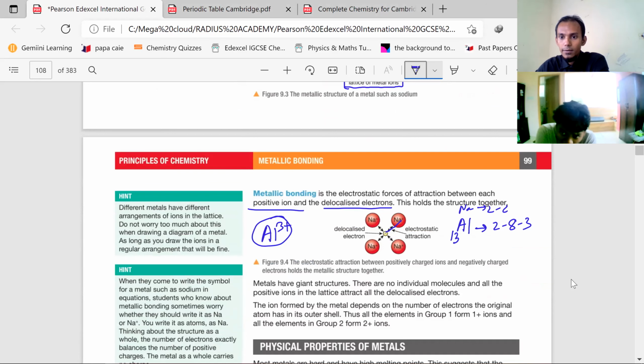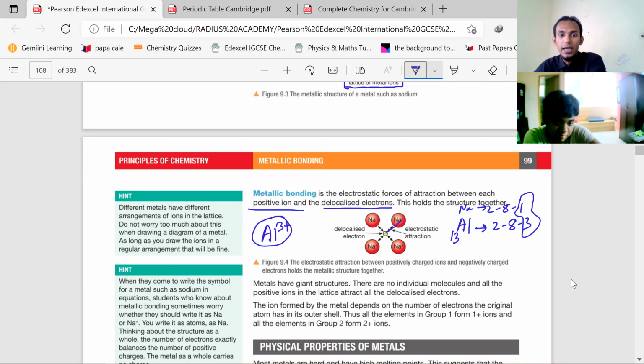And since the charge on the metal ion is 3 times higher than sodium, sodium is 2,8,1, and how many delocalized electrons will be present in a metal? It depends on the number of electrons in the outer shell. So that is important. If we compare aluminum 3 plus and sodium, you will find aluminum's melting point is many times that of sodium, since the charge on the metal ion is more, and the number of delocalized electrons is more.